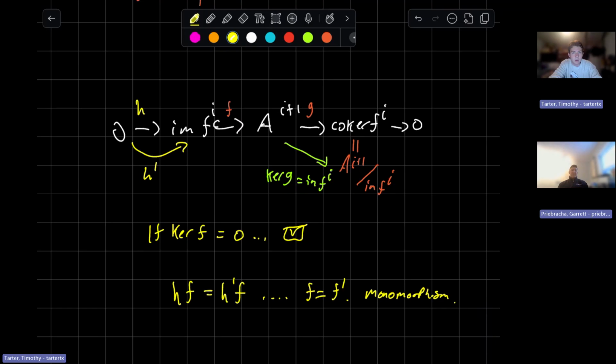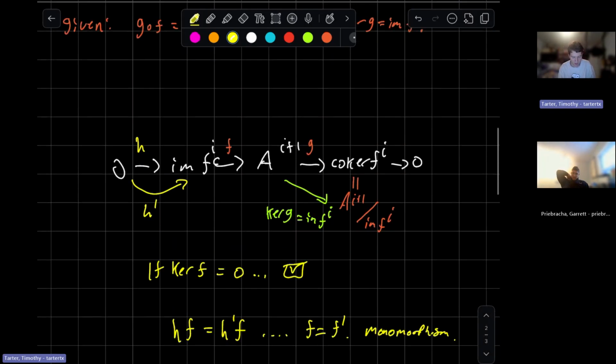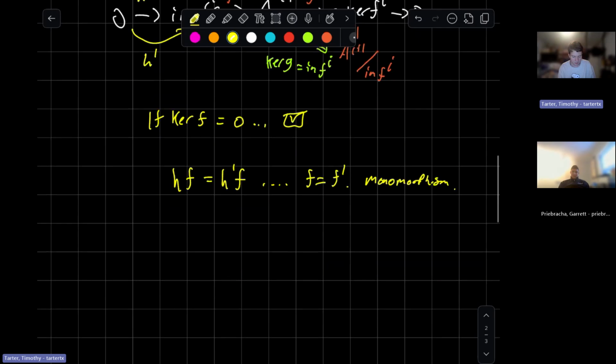Because even if not, I feel like it would be pretty trivial from here. Yes, it is an injective map. Perfect. Okay, so monomorphism is injective. Injective is kernel 0.